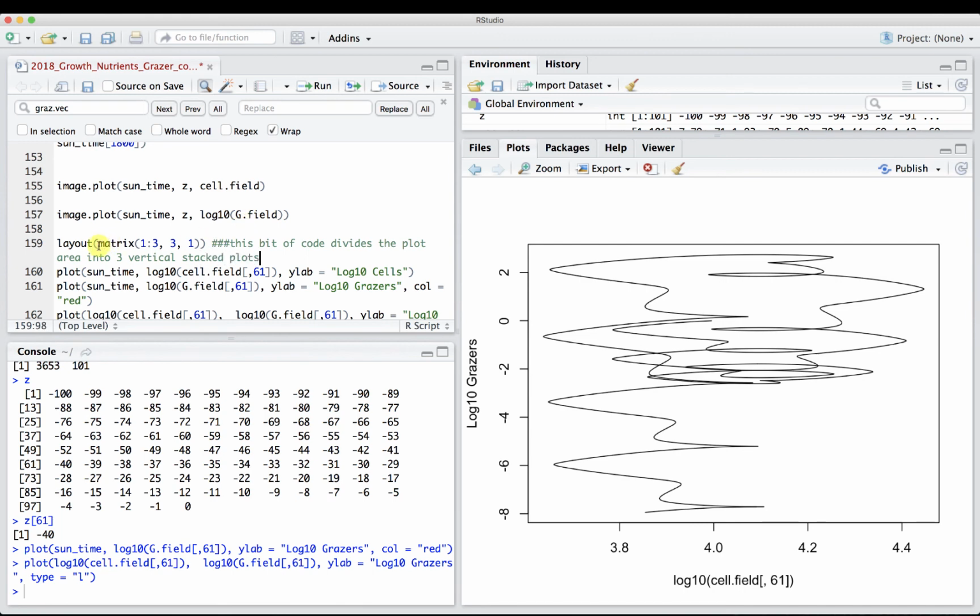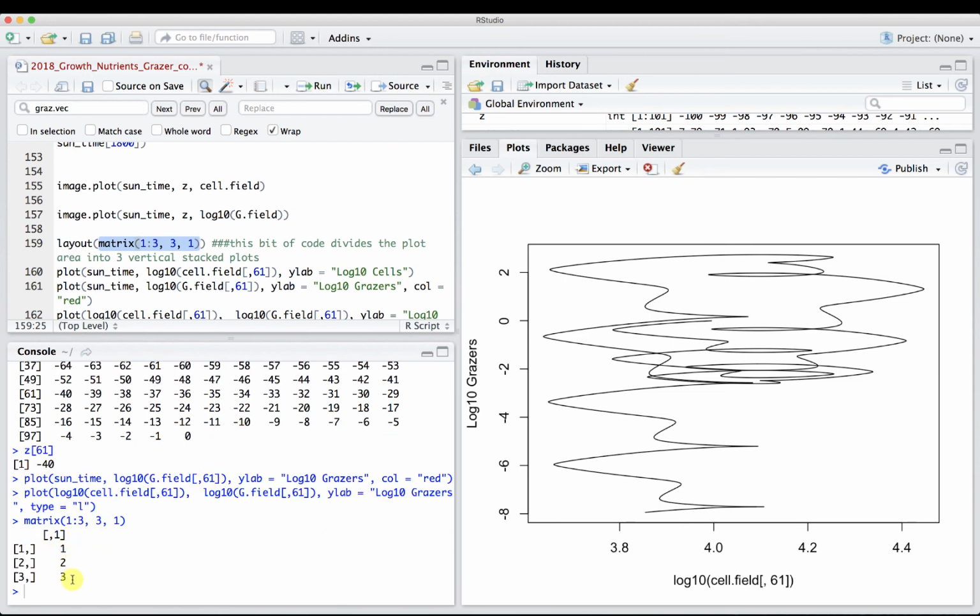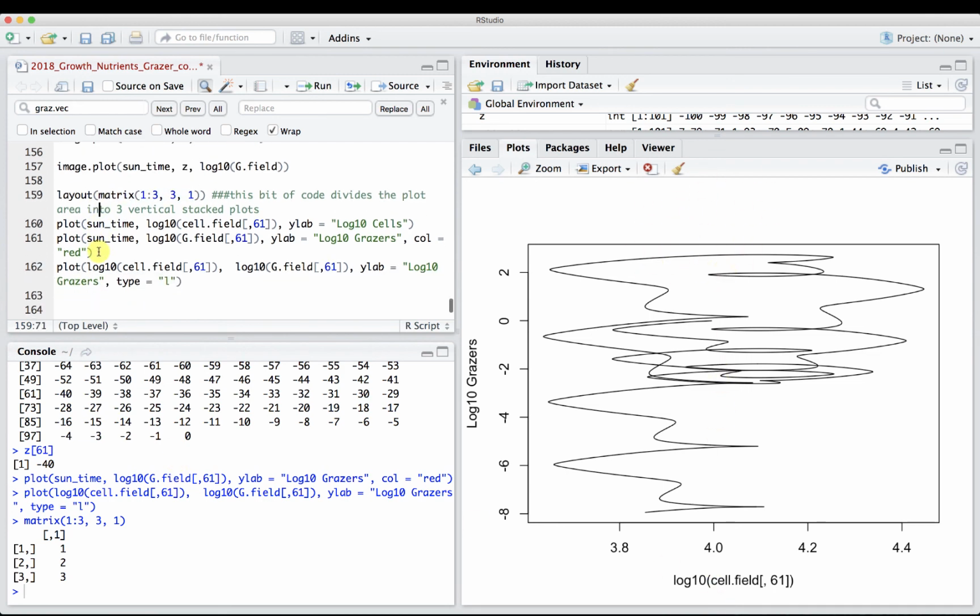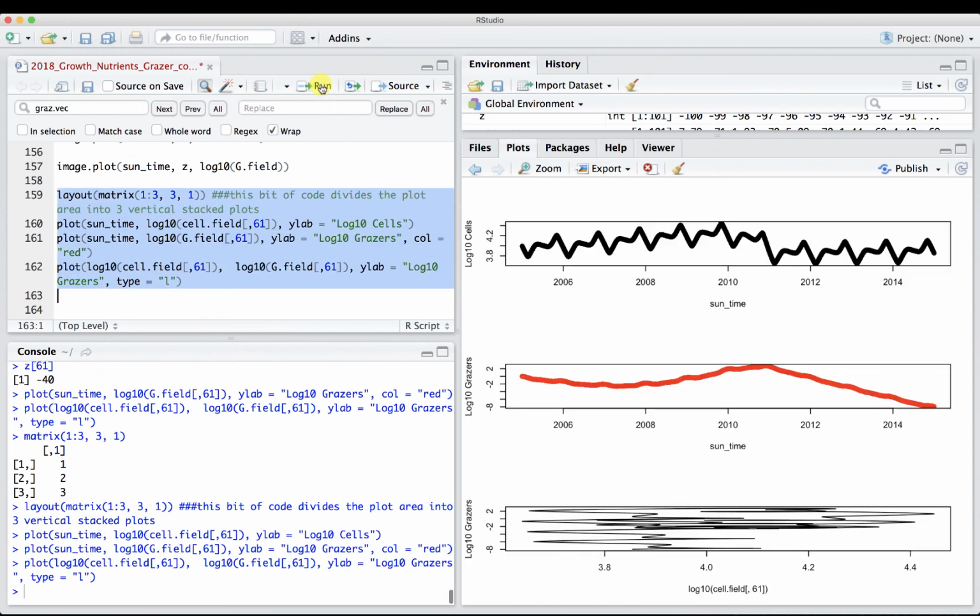So if you remember from very early on, when we looked at matrices, there's a matrix of 1, 2, 3. All this layout function is going to do is say there's going to be a plot in the upper third, the second, and the bottom third for your next 3 plots. So when we do this together, we can make, there's sun time, grazers, and then the circles here.